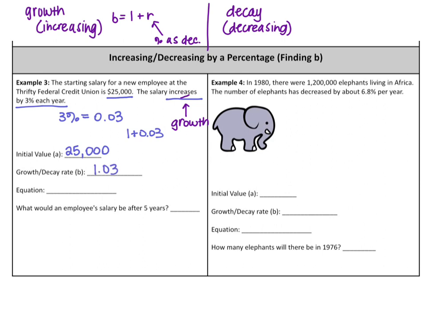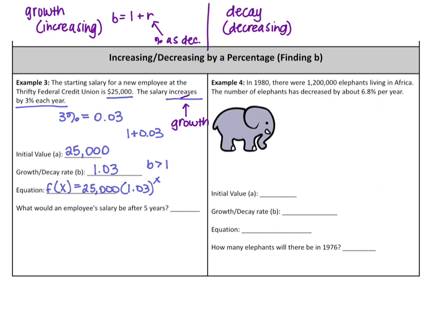Now that's showing growth because B is greater than 1. So my equation is f of x equals 25,000 times 1.03 to the power of x, where x would be the number of years, and x is almost always going to be time in exponential functions.